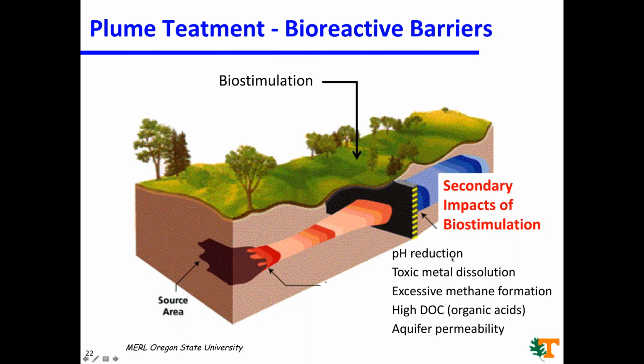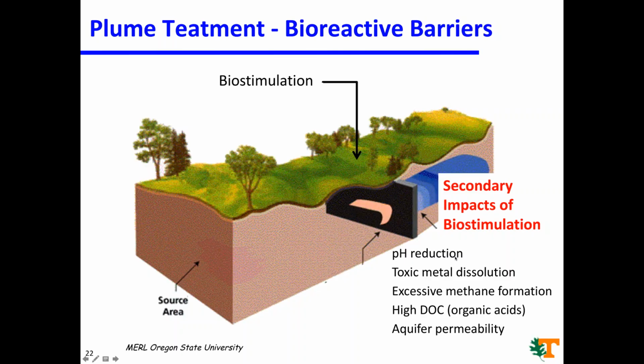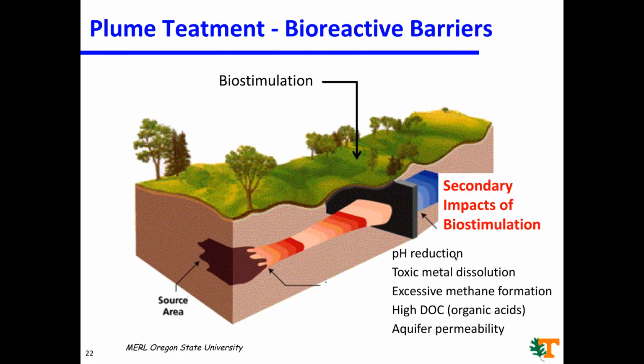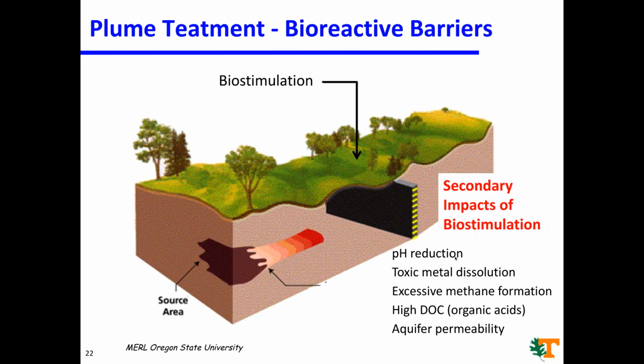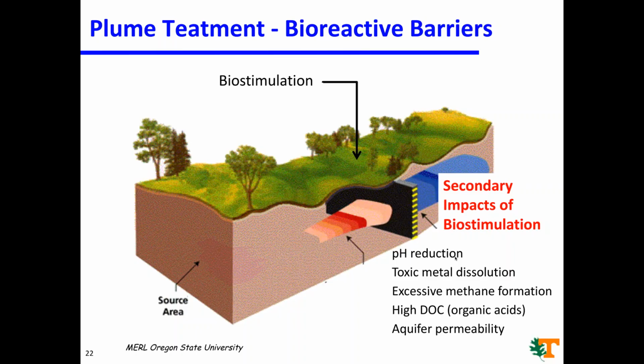For example, the pH can go down, which also has negative impacts on reductive dechlorination activity, because these Dehalococcoides, the Dehalogenimonas organisms, don't like pH below 6 or 5. They stop doing anything at pH 5.5.